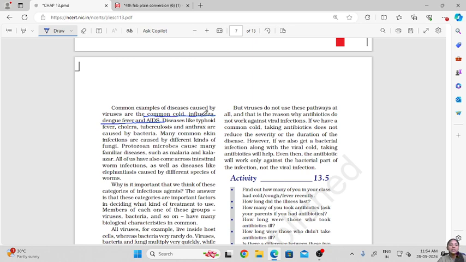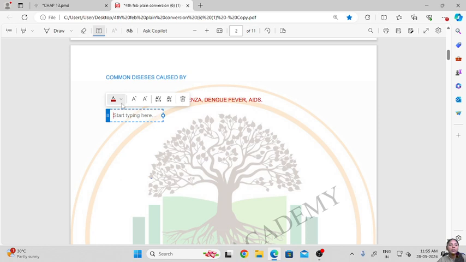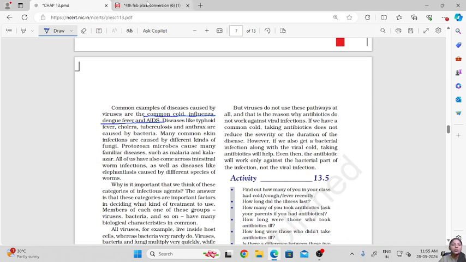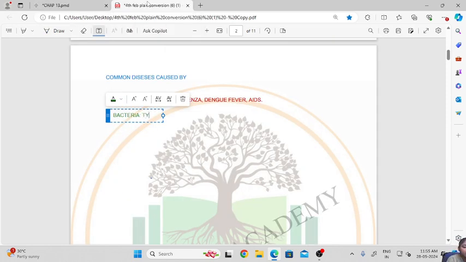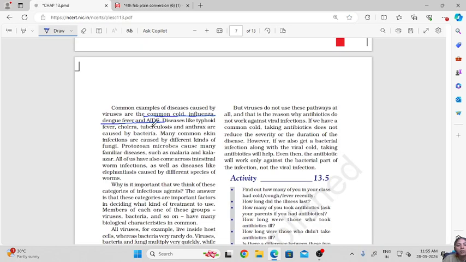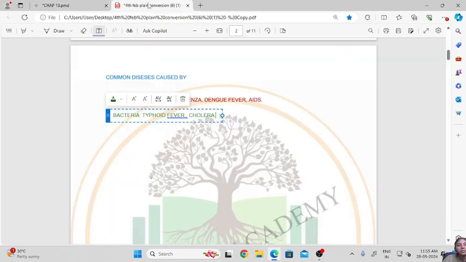Then let us see diseases like typhoid fever, cholera, tuberculosis and anthrax are caused by bacteria. So the next organism that we have is bacteria. So common diseases caused by bacteria are typhoid fever, cholera, then we have tuberculosis and anthrax.